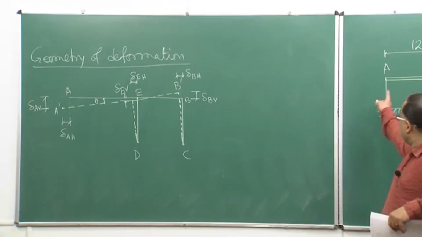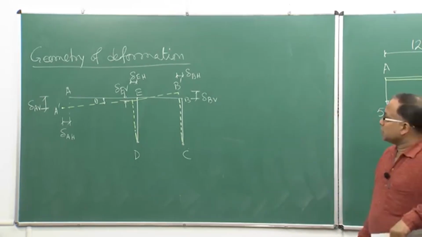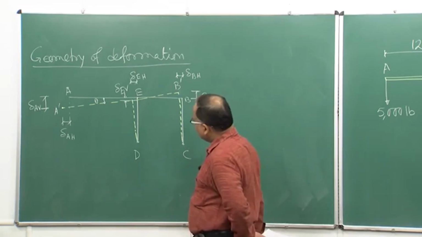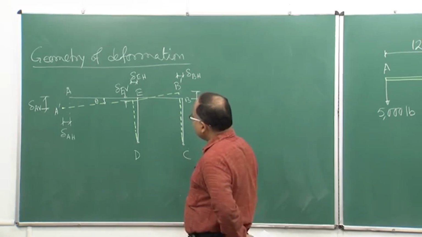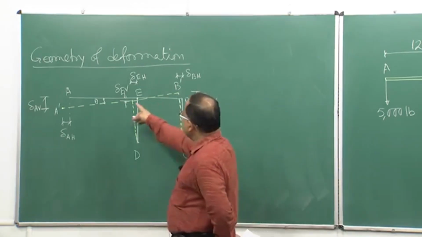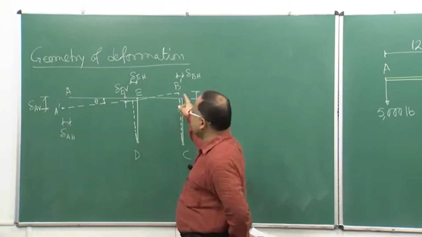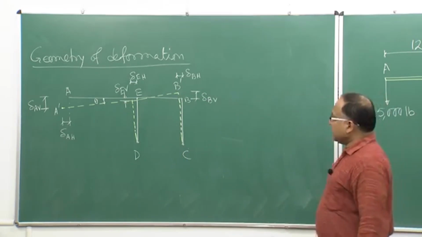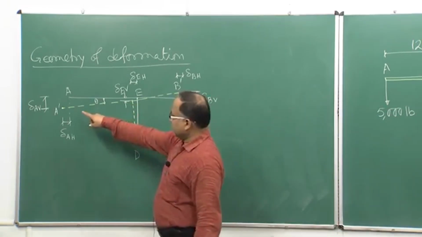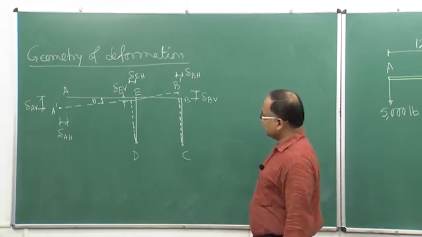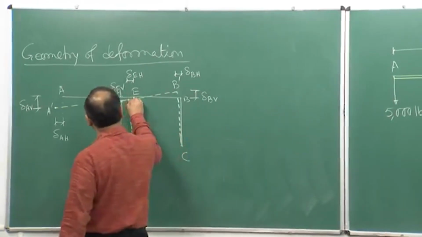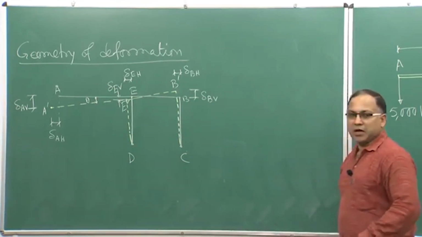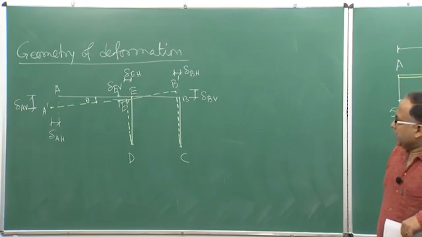Okay. So, the probable deformed shape will be like this, because you are applying some 5000 pound load here. Now, if you want to find out the deformation or the movement, AEB, that was the stiff member, is now taking the position A prime, E prime, B prime.